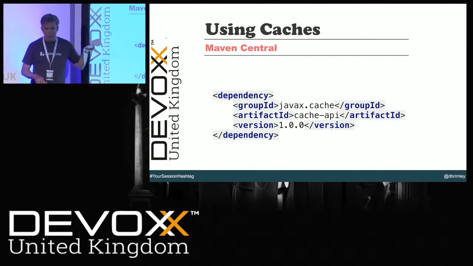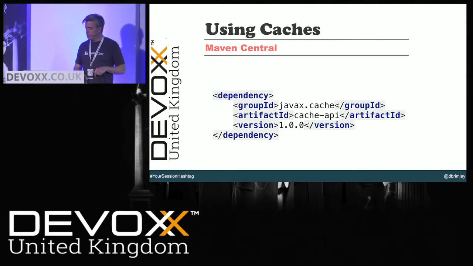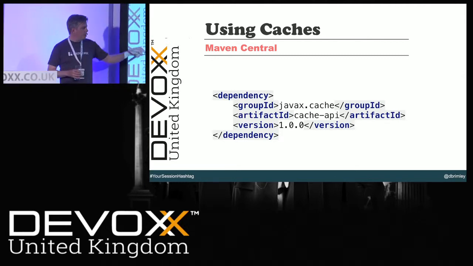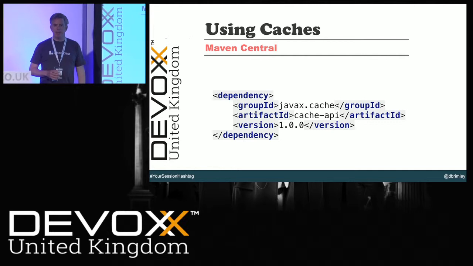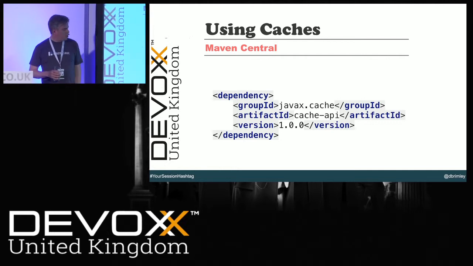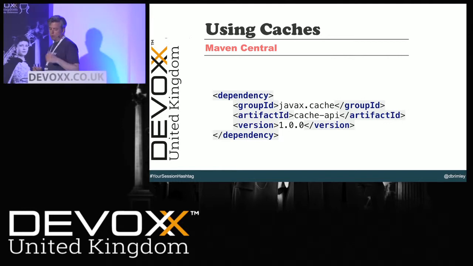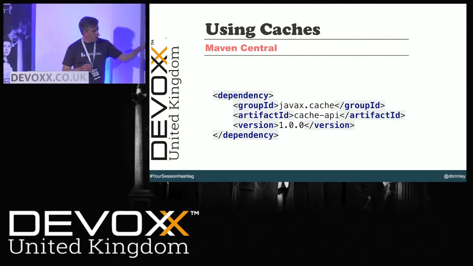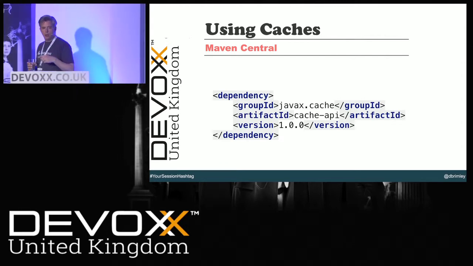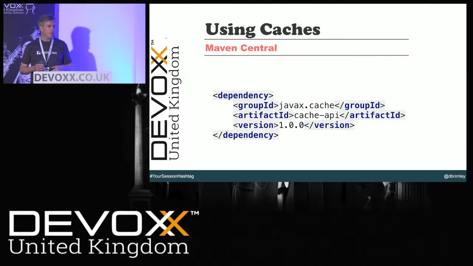So to get actually up and running with JSR107, there's a nice Maven dependency up on Maven Central. So you just go ahead and grab that and plug it into your project. You can do Gradle as well. There's all the other things you can grab it by, and then you just download your vendor-specific jar as well.